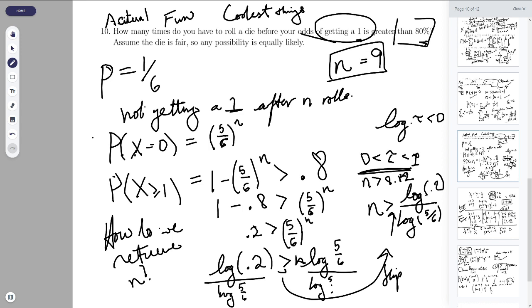The way to do it if you're lazy and you don't want to use logs is you can just take 5/6 to the first power, 5/6 to the second power, and so on up to the 8th power, and be like, ooh, 8th is close, and then do it to the 9th power. Who doesn't like logs? I would say the vast majority of people hate them, but not us, right?